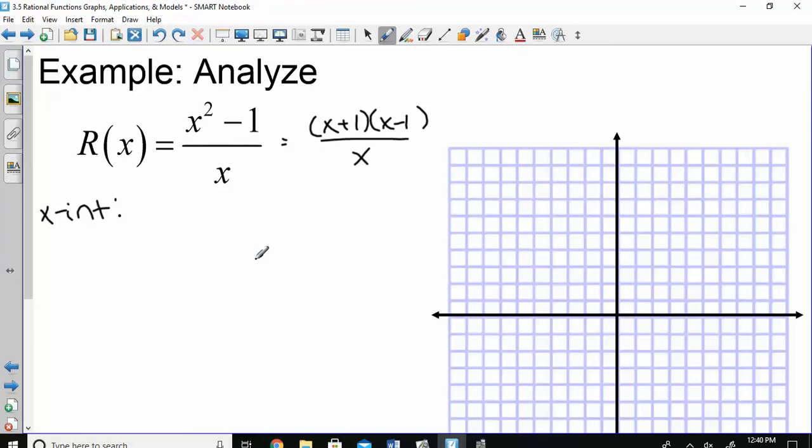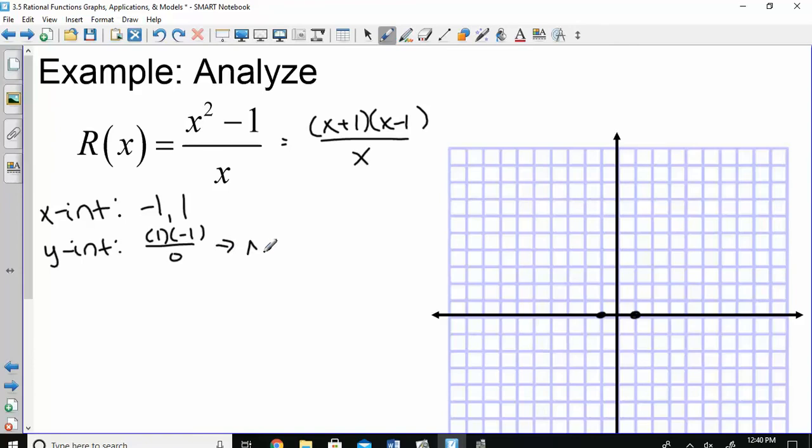X-intercepts, I told you the shortcut is just to look where? The top. What makes the top 0? So we hit the x-axis twice. Y-intercept. To find that, you plug 0 in for x. You can do the original, you can do the factored form.